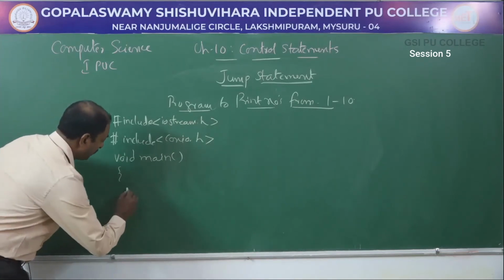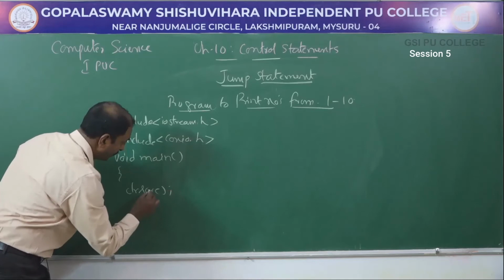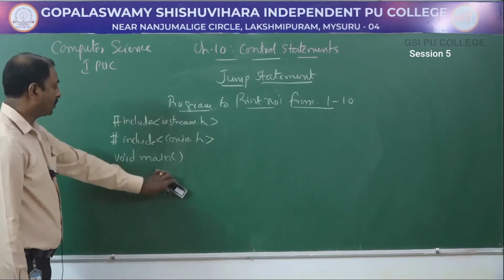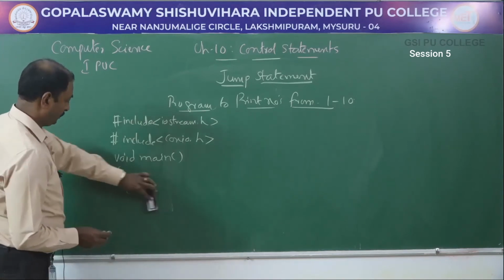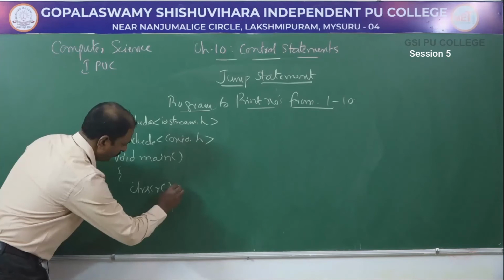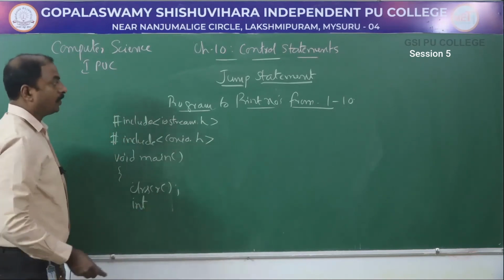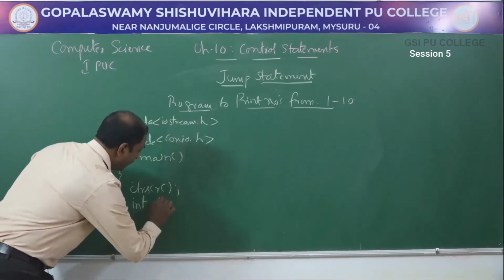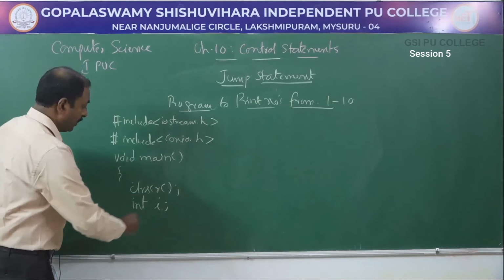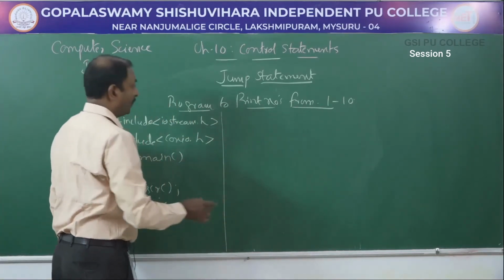Before declaring variables, let me make use of the clrscr function. This is to clear the output screen. Declaration of variables: let me make use of int i. Int i is a loop control variable. Next, directly we can make use of a for loop here.